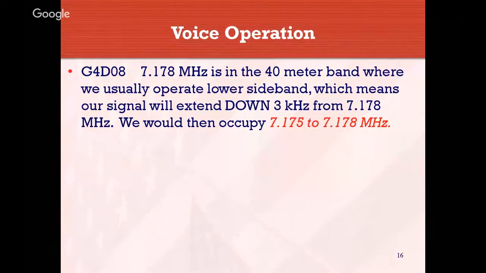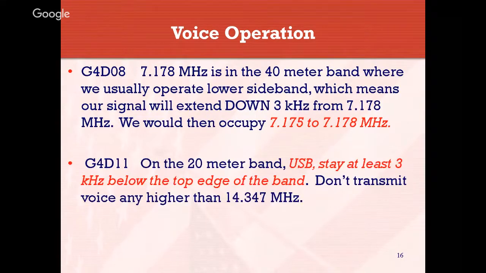And you probably want to stay down at least a kilohertz from that upper end. If you set your radio to 7.299, best if you do it 7.298, your signal's still going to be below that. I don't recommend being too close to the edge either way, no matter what sideband mode you're using.